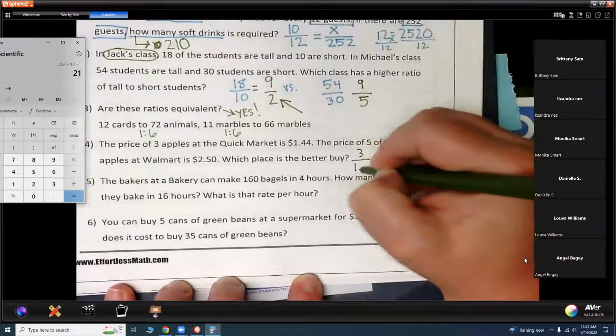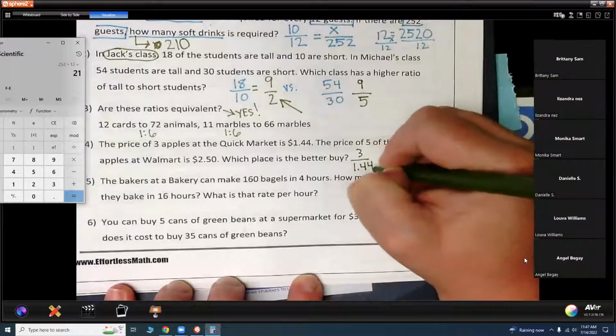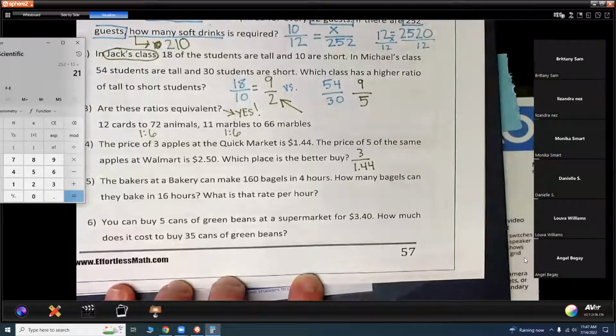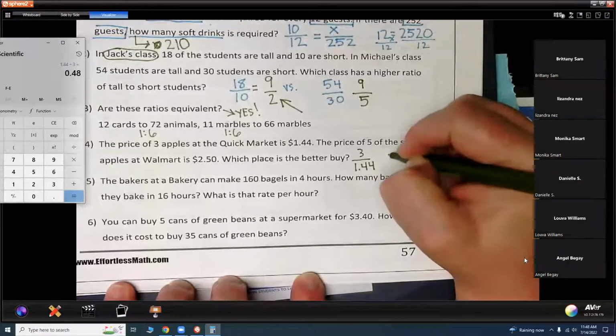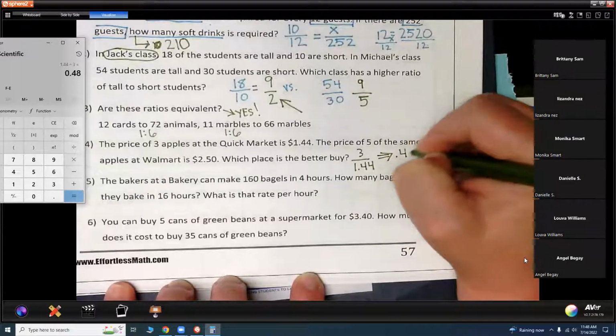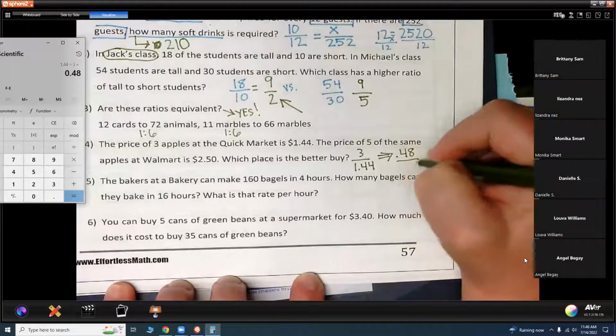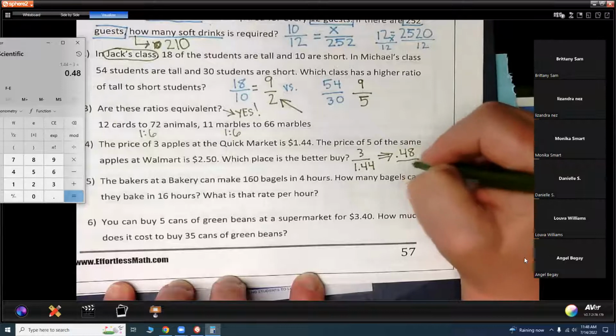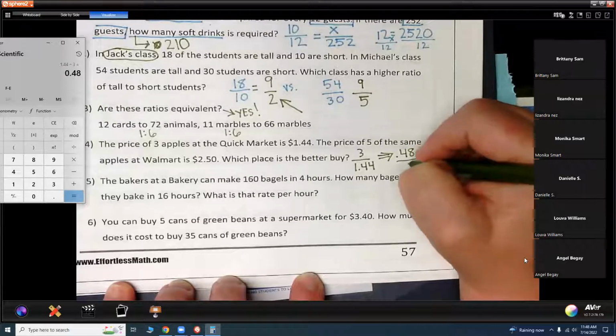Yeah, right, so if we have the 3 apples for $1.44, right? Is 48 cents an apple, right? Or 48, yeah. Right, 48 cents per apple. Oh, I did that upside down, I'm sorry, guys.